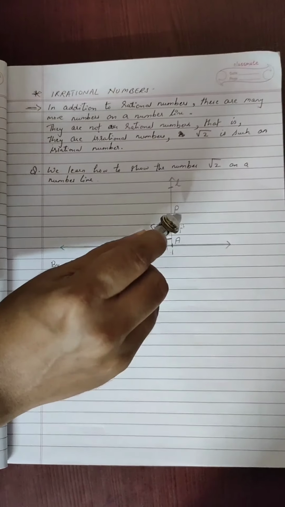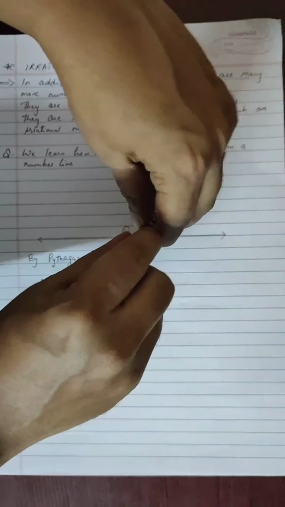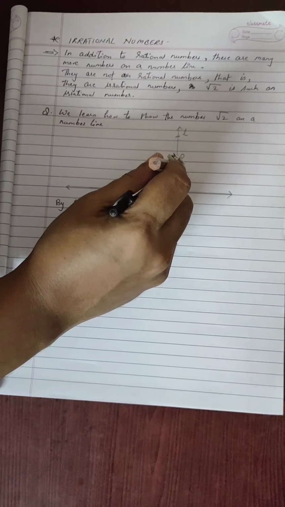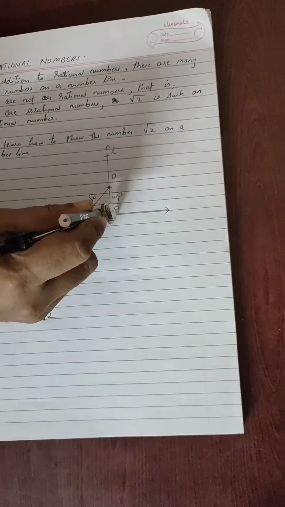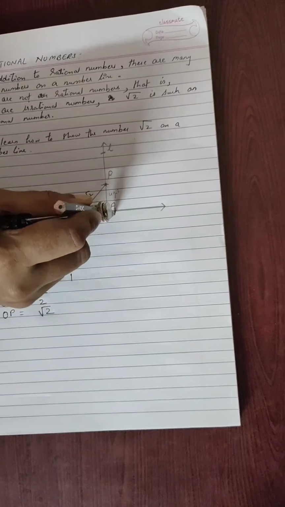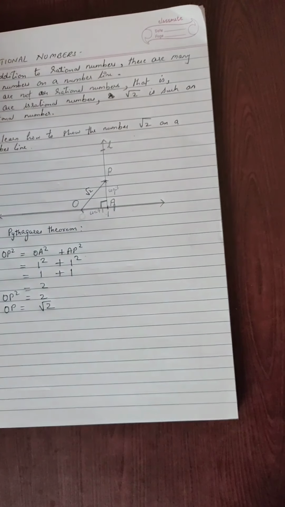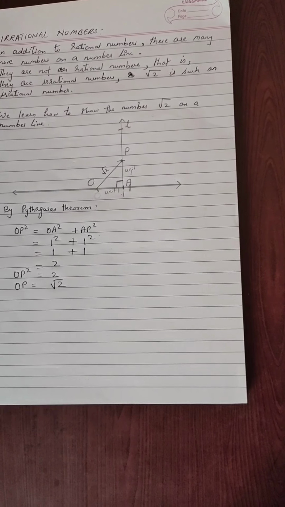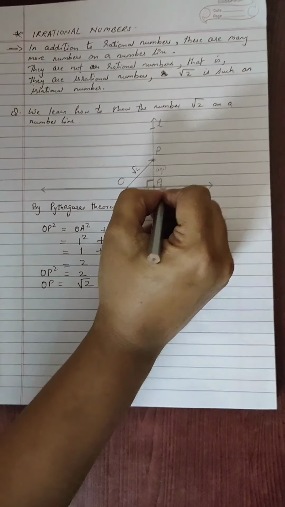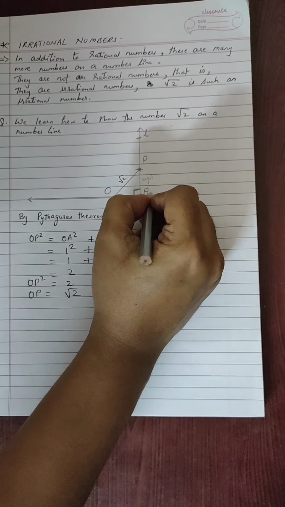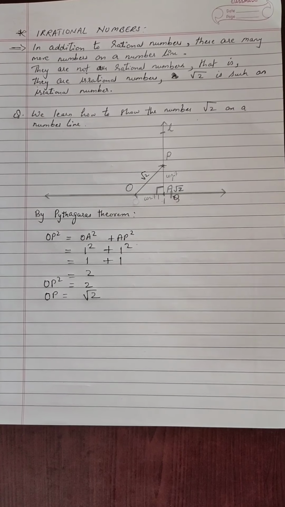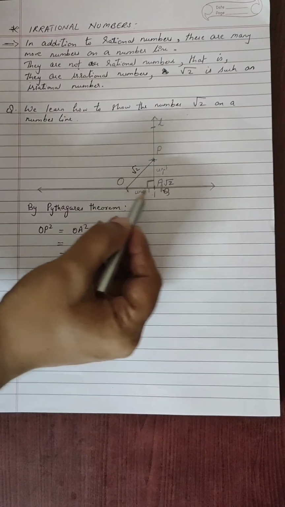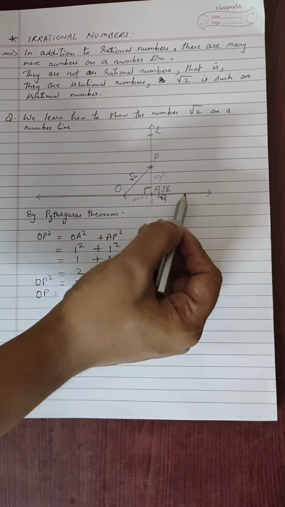So here, O. Now we are taking the distance from point O to P, and that same distance we are noting over here. That is point Q, and it is denoted as root 2. So on the number line, OQ, Q is root 2.